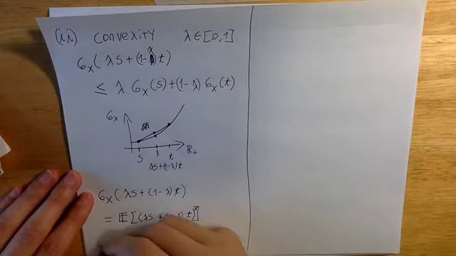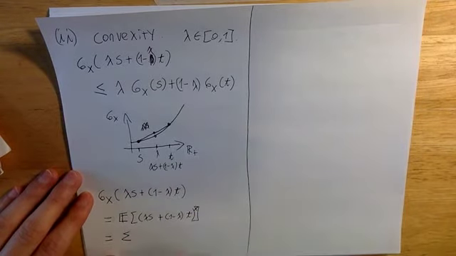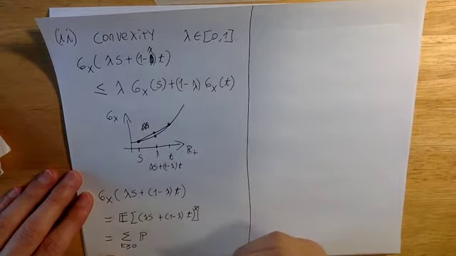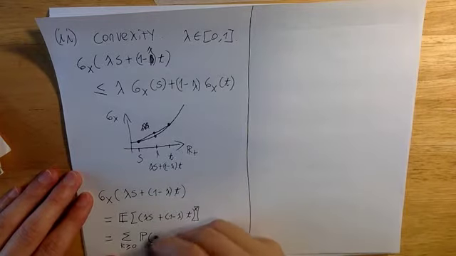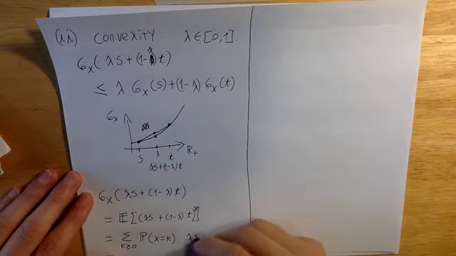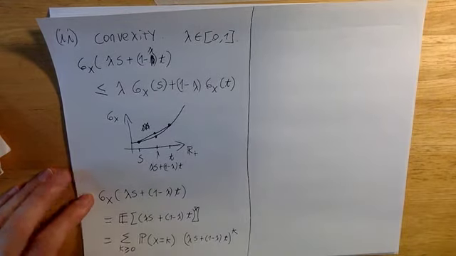Now, this is equal to the sum of k bigger or equal than 0 of p, the probability that x is equal to k, of lambda s plus 1 minus lambda t to the k.